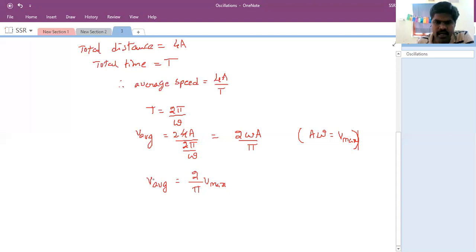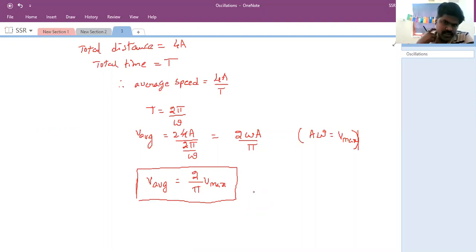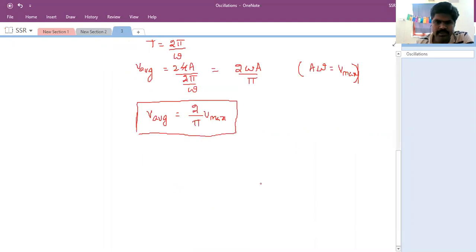So V average is equal to 2A omega by pi, or 2 by pi into V max. Both equations are applicable. This is about average speed calculation: total distance covered in one complete oscillation by total time taken.